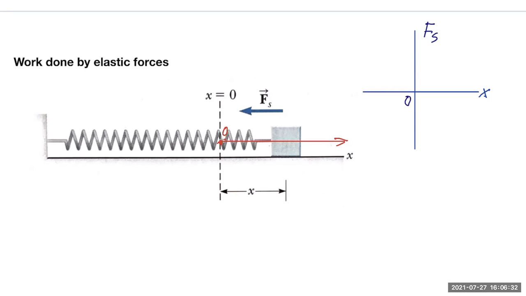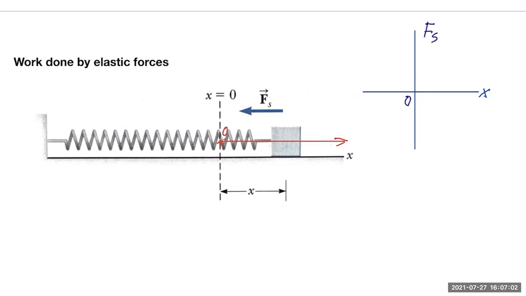Now, suppose the spring is stretched, so x is positive, okay? Then the spring doesn't like that. It wants to fight back, so the spring gives you a restoring force, which is opposite to positive x, so it's negative x, okay? So the spring now provides a negative force pointing along the negative x direction, and the magnitude of that force turns out to be linearly proportional to the distance x.